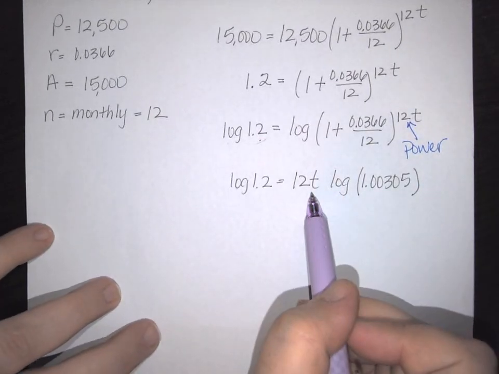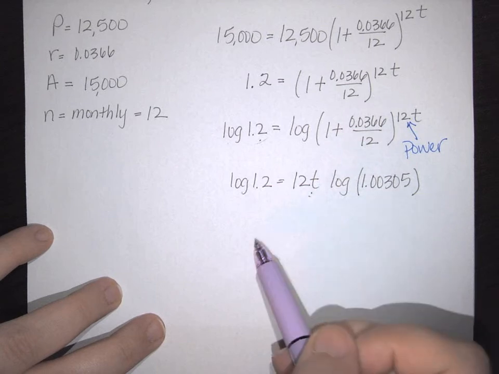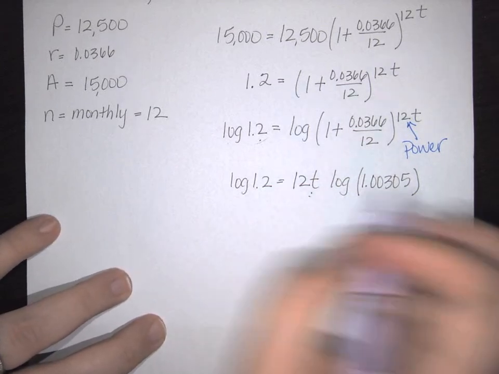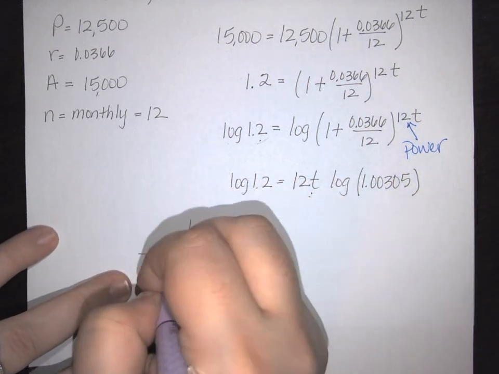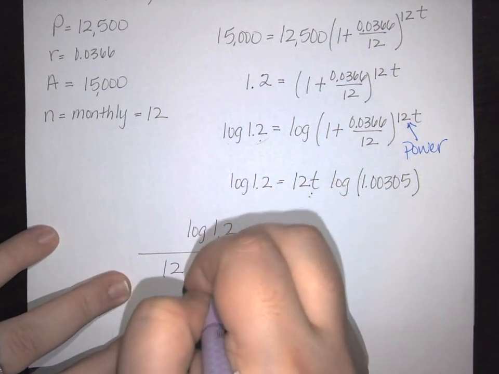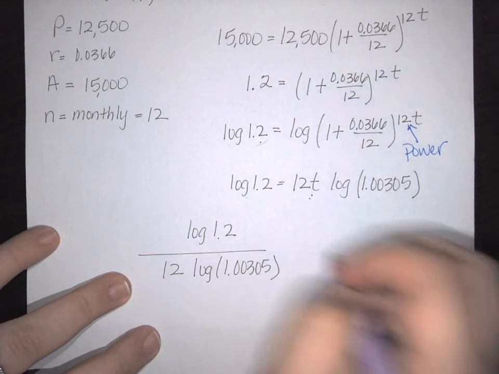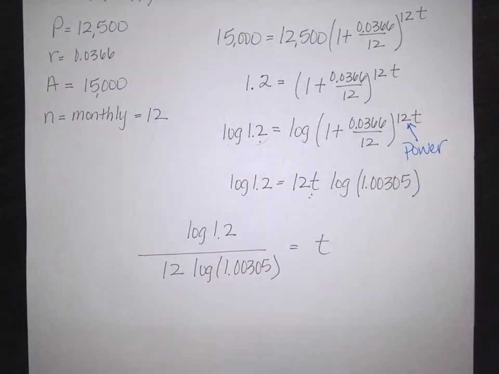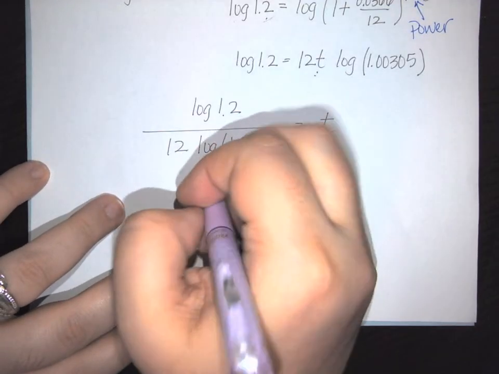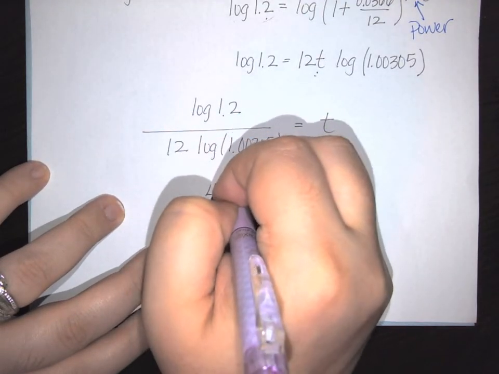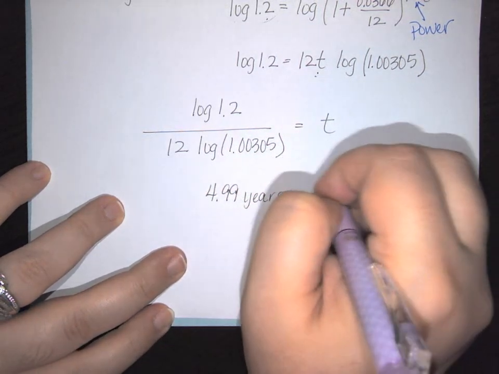We need to get t by itself, so in this case, we're going to divide everything. So this becomes the log of 1.2 divided by 12 log of 1.00305, which gives me my t value. In this case, we're going to end up with 4.99 years as my t value.